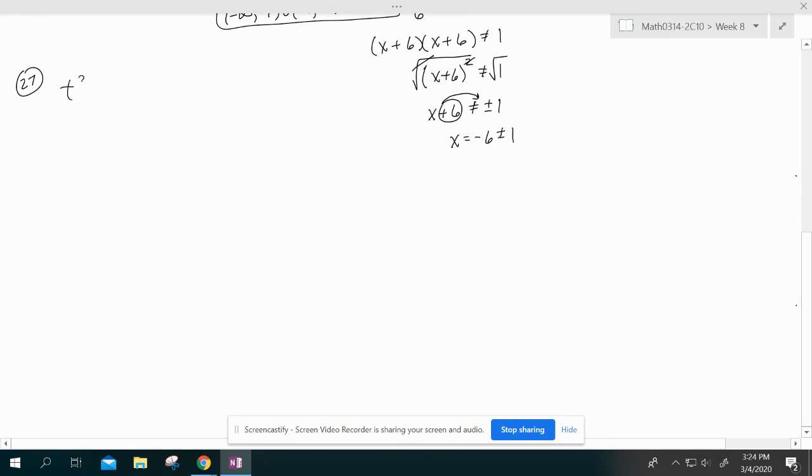We've got t squared minus 16 over t squared minus 8t plus 16. And the instructions say simplify.